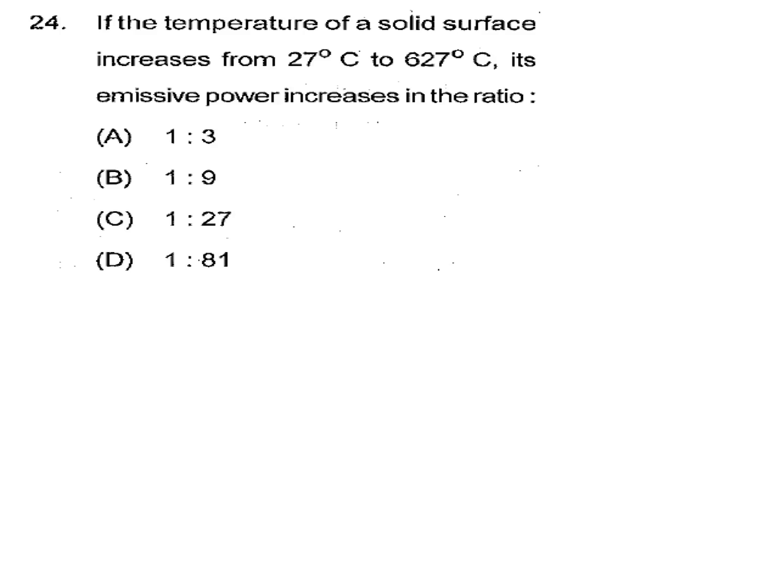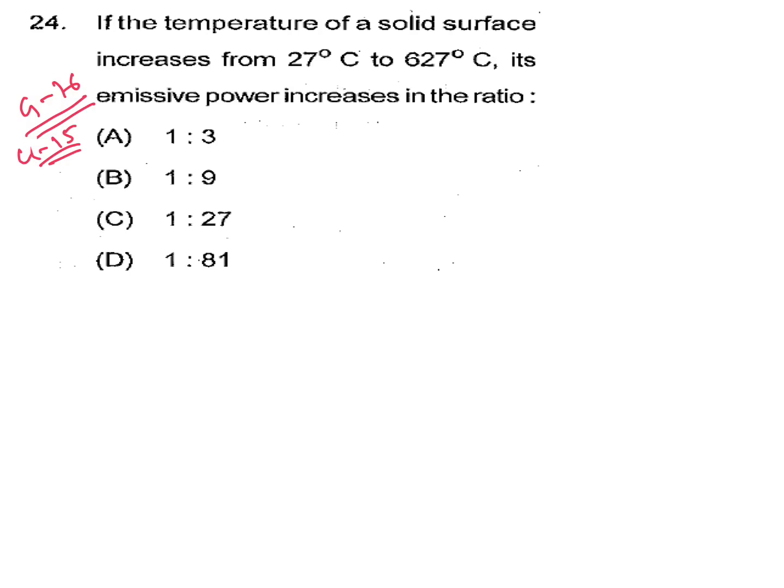This type of question they asked in GATE 16 or 15, not sure. If the temperature of a solid surface increases from 27 degrees Celsius to 627 degrees Celsius, its emissive power increases in the ratio of?